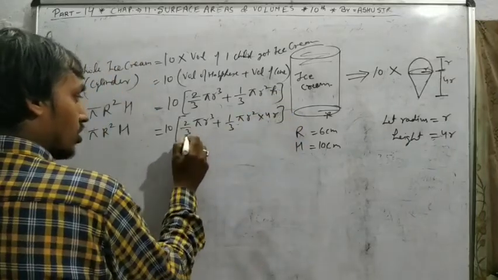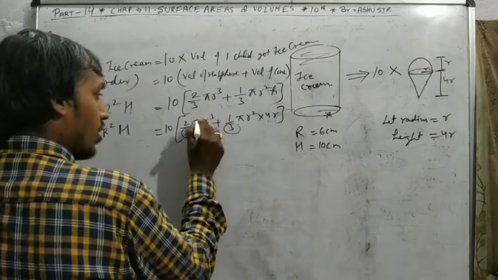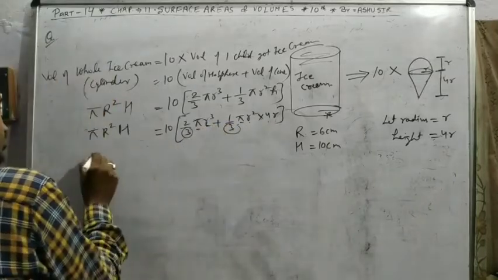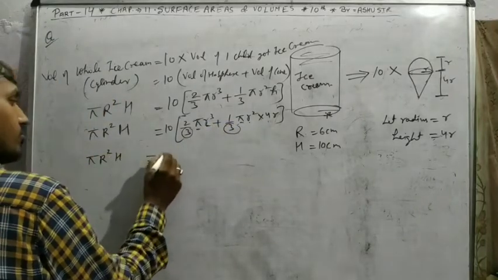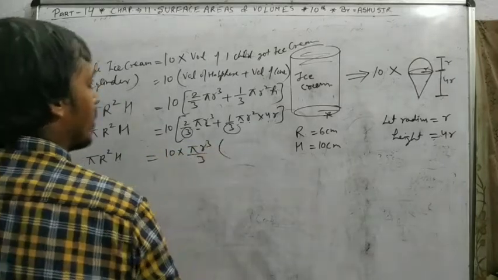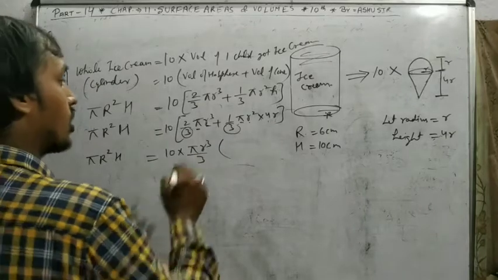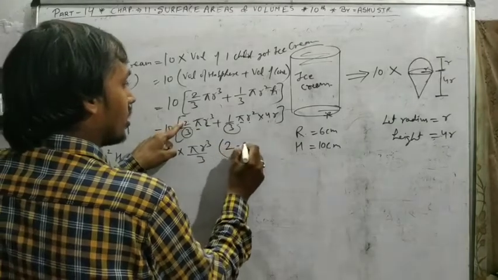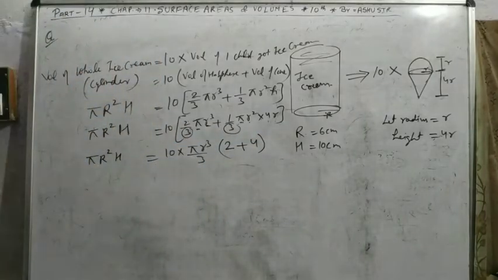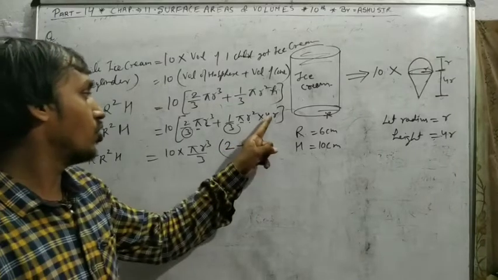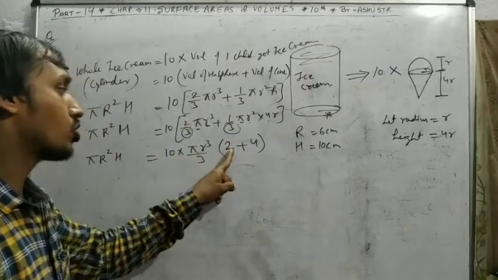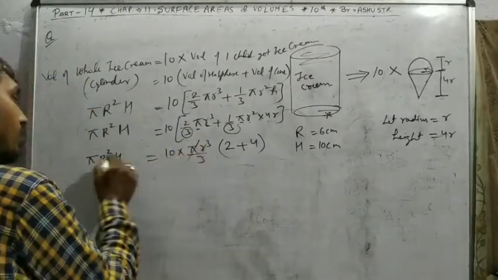So upon 3 common, pi common and r cube common. Pi r cube by 3 is common. What remains? Here only 2 remains and here only 4 remains, so 4 pi r cube by 3 plus 2 pi r cube by 3 is 6 pi r cube by 3. Pi cancels.